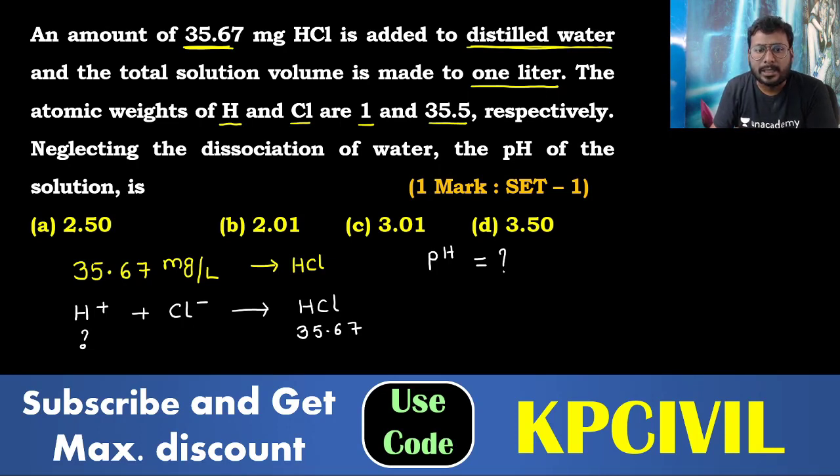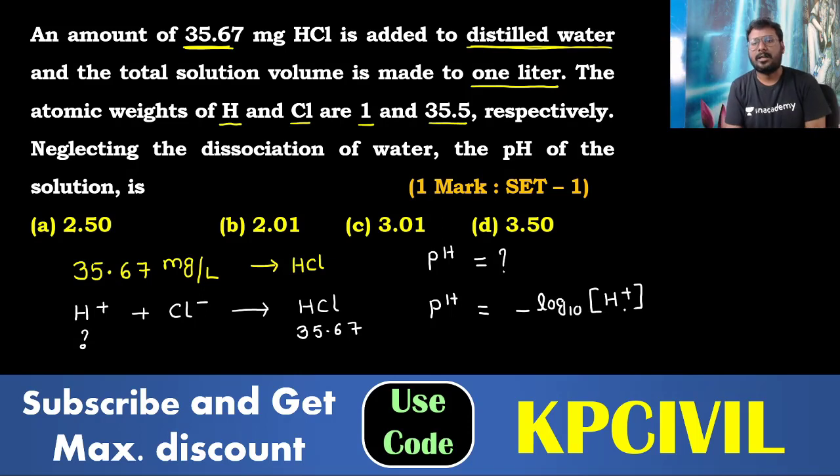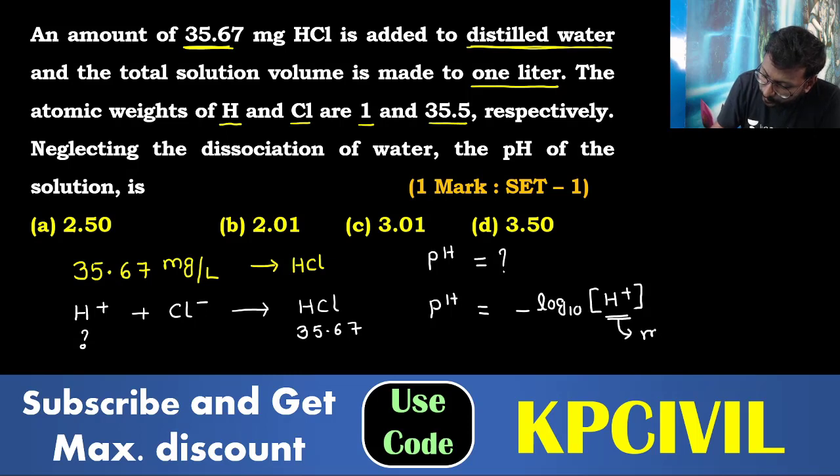Minus log 10 of H plus, the negative logarithm of hydrogen ion concentration. So first we need hydrogen ion concentration, and in which units? In mole per liter.